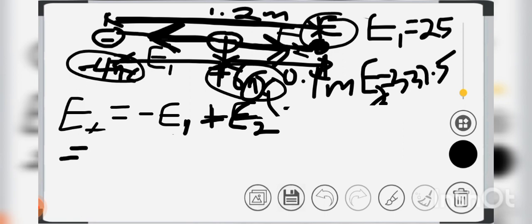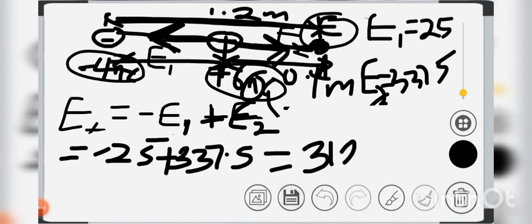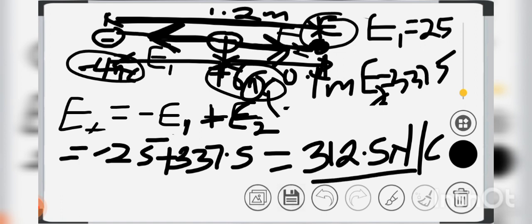So we have minus 25 plus 337.5. So minus 25 plus that, what am I going to have? So we are going to have 312.5 Newton per coulomb. So this is the answer to the problem.